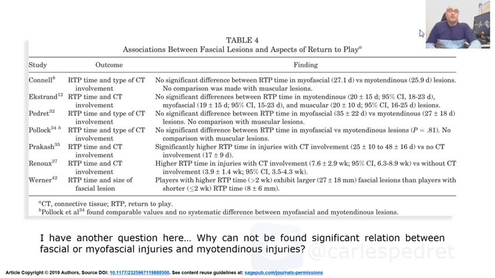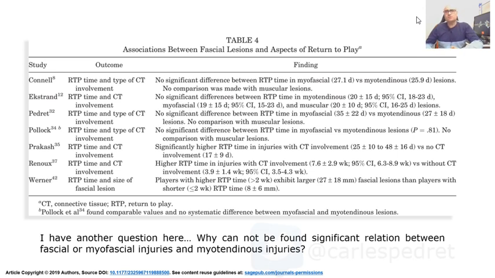So in that study, for example, we spoke about that the return to play time was worse in injuries affecting the central tendon, but the fastest return to play was in injuries that affect the lateral aponeurosis.